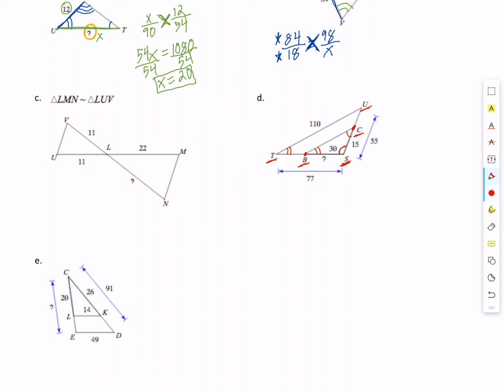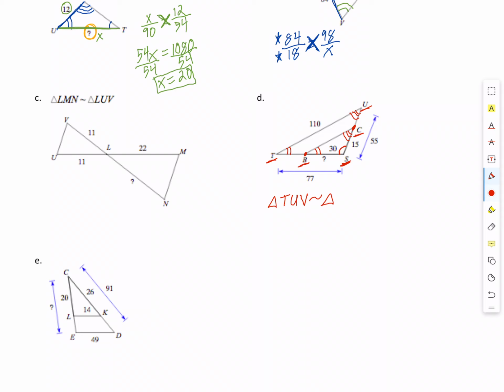Then likewise, we've got to do 3 here. These ones are going to be similar. So we could write this, that triangle, let's go, nope, wrong letter, Mr. Rainey, TUV, that's similar to triangle.